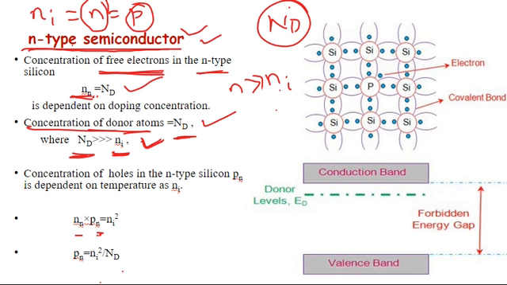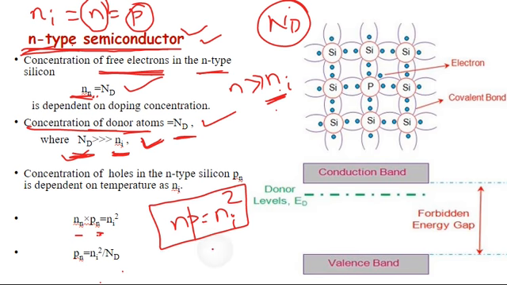You have to remember that in an N-type semiconductor, Nd, the concentration of donor atoms, is greater than the intrinsic carrier concentration Ni. Now we have to find a relationship between the concentration of holes and free electrons inside the N-type semiconductor. For this we use the same formula, N into P is equal to Ni square. This formula is the same for intrinsic and extrinsic, which can be explained with the help of the mass action law.